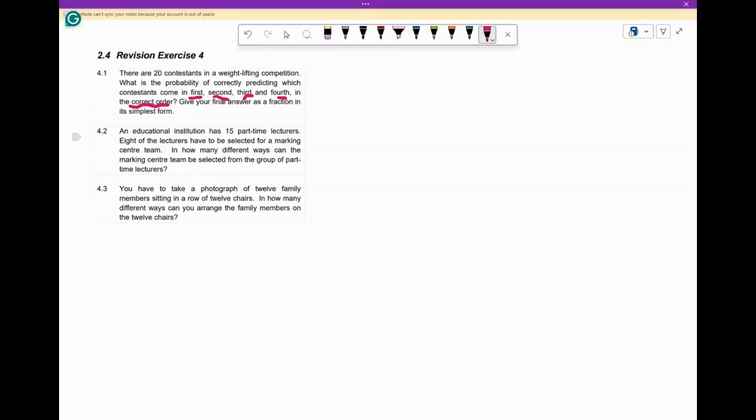Okay, so we have 20 contestants, right? And they want us to find out what is the probability of correctly predicting which contestant comes first, second, third, and fourth. All right, so here we can see order obviously matters, right? Okay, so firstly, what type of probability question are we being asked here?